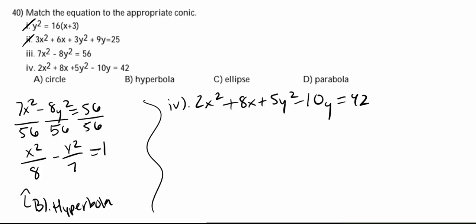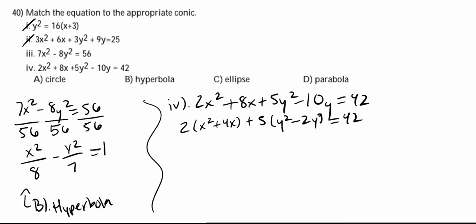So we can factor a 2 out of the x's and get x squared plus 4x. And then we can factor a 5 out of the y's and then get 5 times y squared minus 2y. And that'll still equal 42.